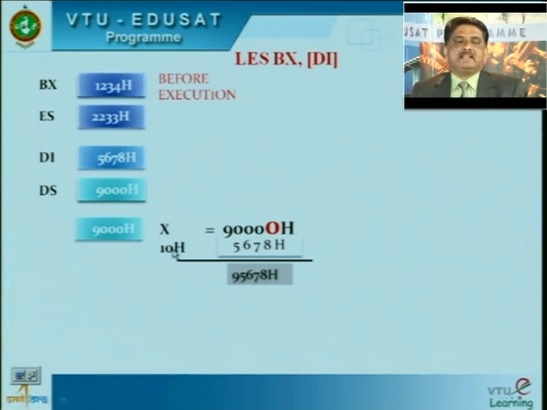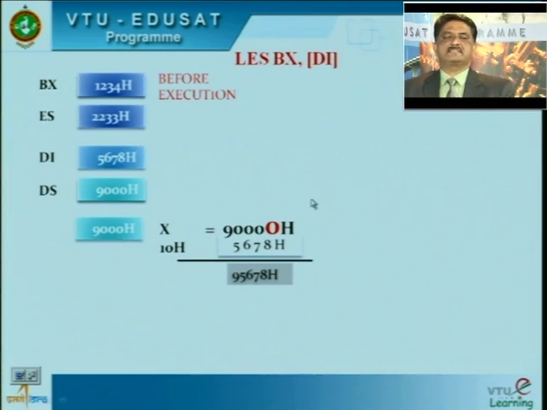Otherwise, appending this last 4 bits to the upper 16 bits is next to impossible. So we have the upper 16 bits of the starting address of any segment in the segment register, and when we multiply that by 10, the address adder converts this into a 20-bit starting address.